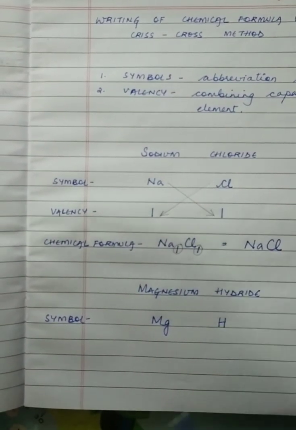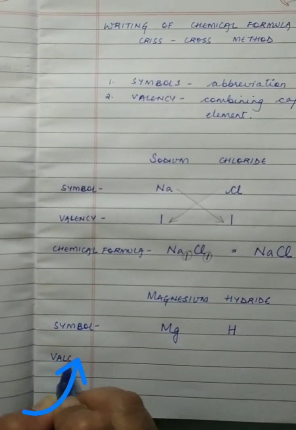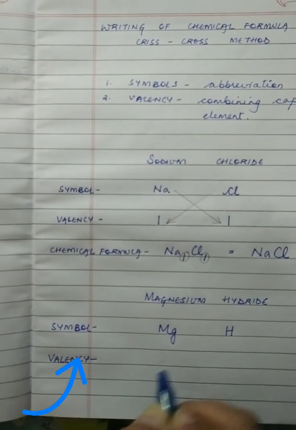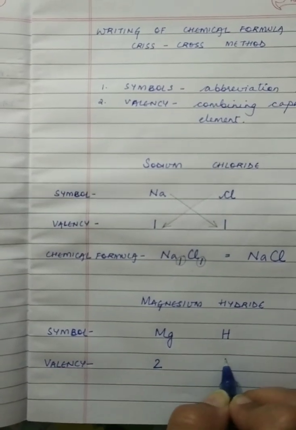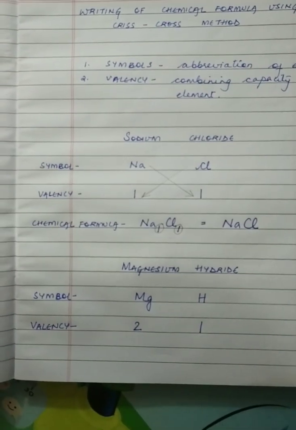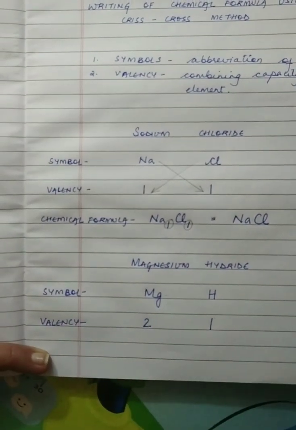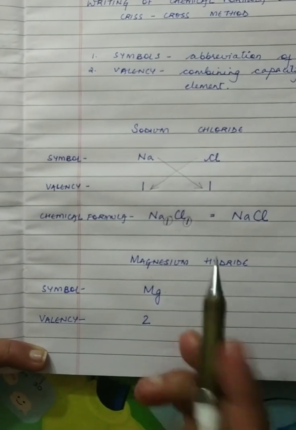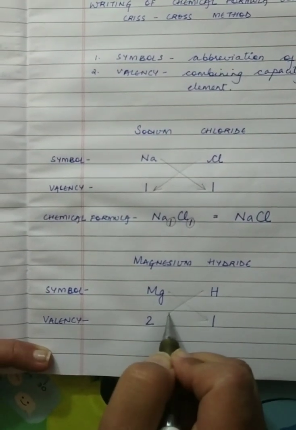Symbol for hydride is H. Next step is valency. Valency of magnesium is 2. Hydride is 1. What is the next step? Crisscross.